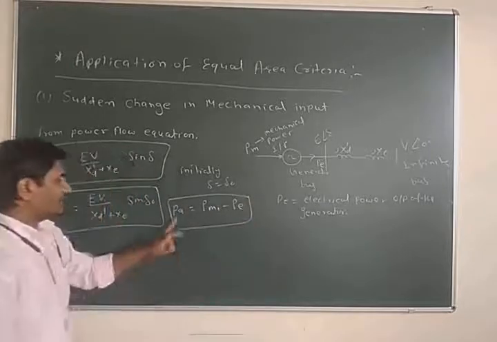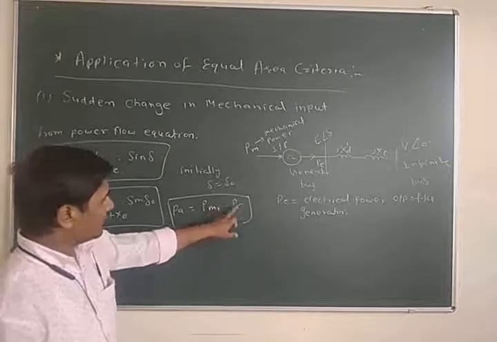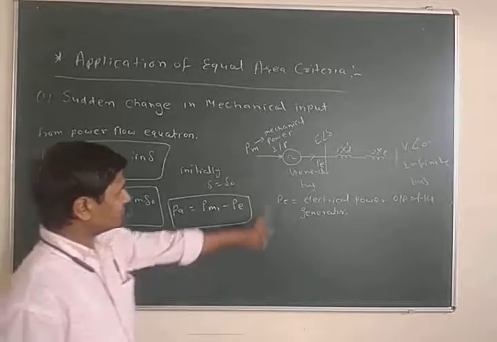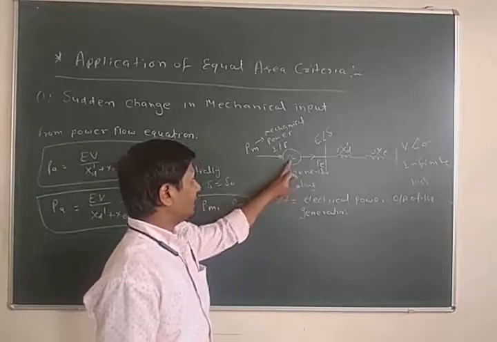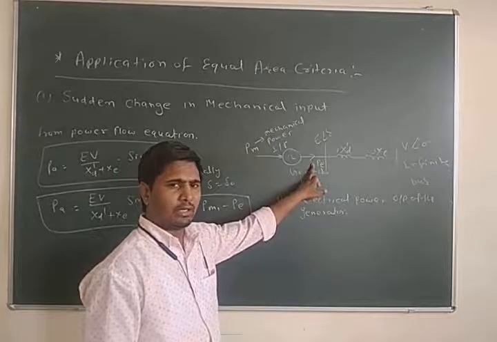Pa is the accelerating power, which is the difference of Pm, the mechanical power input, and the electrical power output of the generator. Because in balance condition we have considered that the mechanical power input to the generator is equal to the electrical power output of the generator.